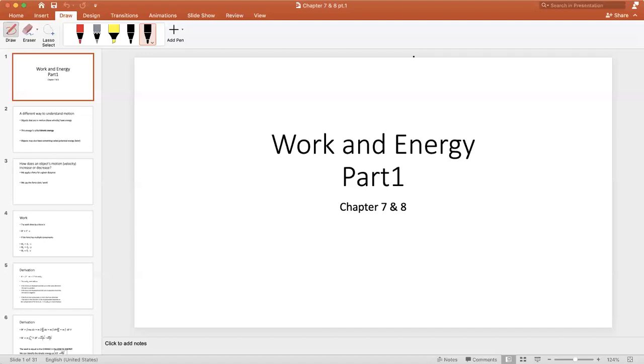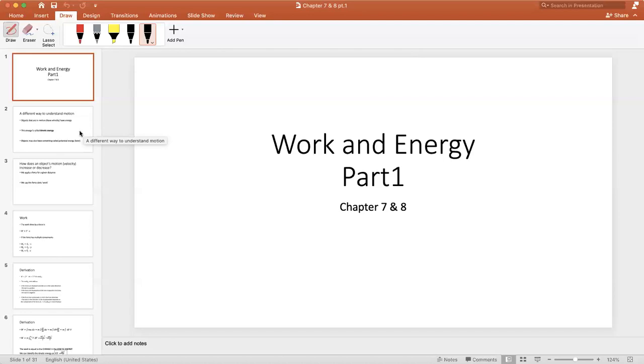We need to define what is work and what is energy. And then we can talk about them and see how we can use those 2 concepts to understand the motion of a system at any particular moment, not time, but at any particular position in its motion. And that's the real key here.